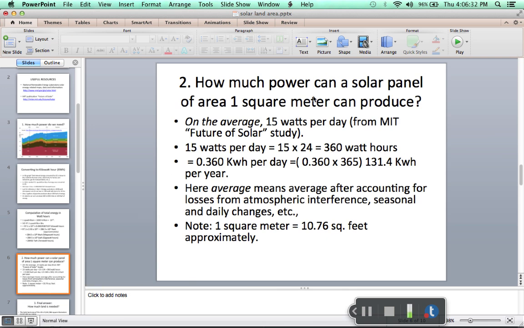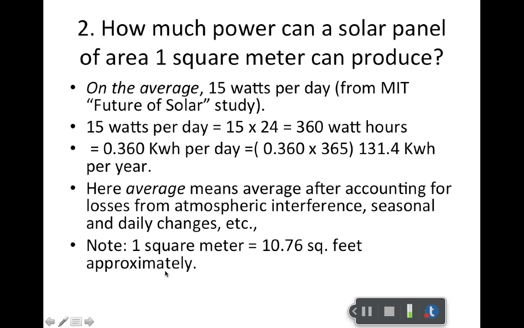how much power can a solar panel of area 1 square meter produce? If we can figure out how much power can come from one solar panel with a 1 square meter area, then we can figure out how many solar panels or how much land area you need to supply 284.5 times 10 to the 11 kilowatt hours.